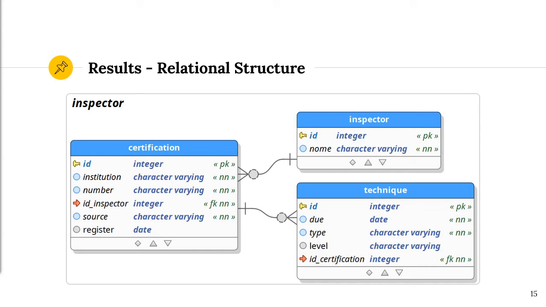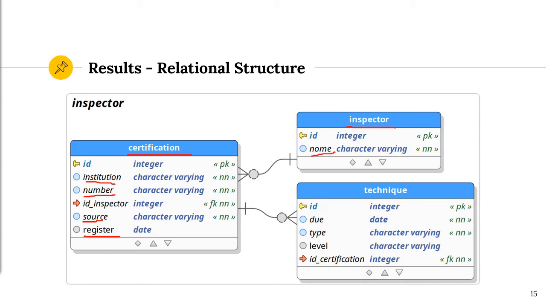We defined the relational data structure as shown, where an inspector has a name and can have one or more certifications in different institutions. Each certification has an institution linked to a registration number, a source which can be PDF or web, and a register date.